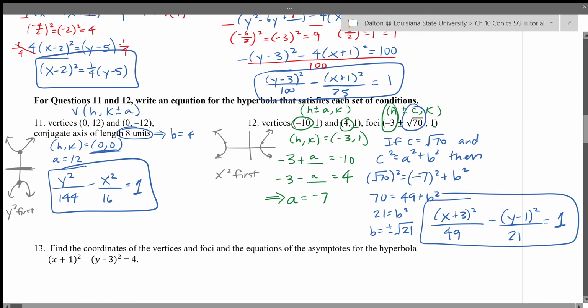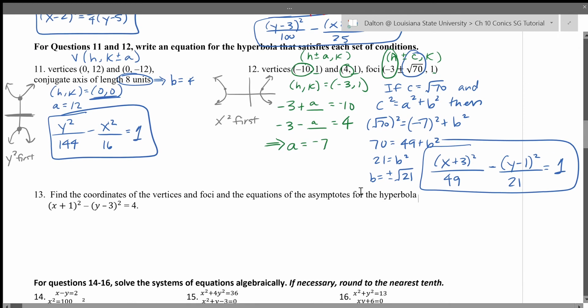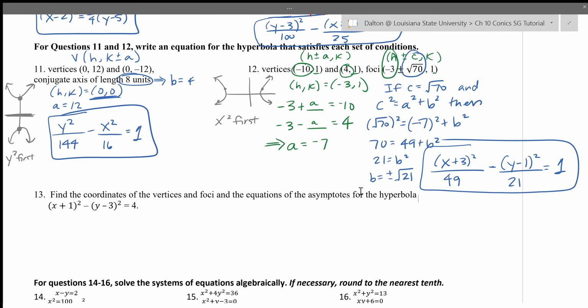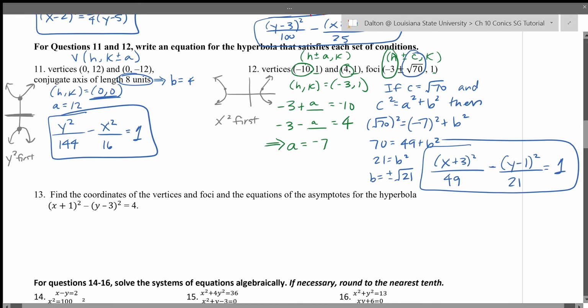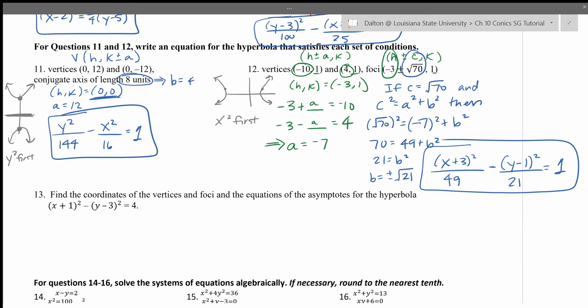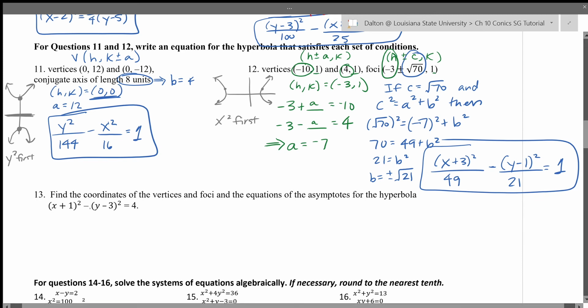Okay, number 13, it says find the coordinates of the vertices and the foci and the equations of the asymptotes for the hyperbola that has this equation. So again, the first thing that you can't forget is that I'm not always going to give you the equation in the form that it needs to be in. In order for you to gather all of that information, you need to first be in standard form. In order to be in standard form, your hyperbola must equal 1, which it does not.